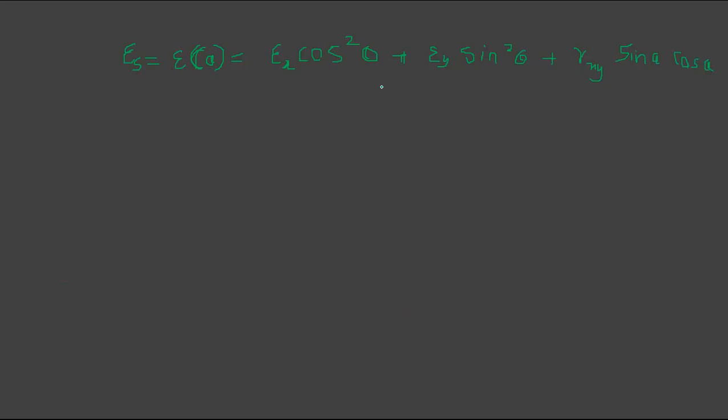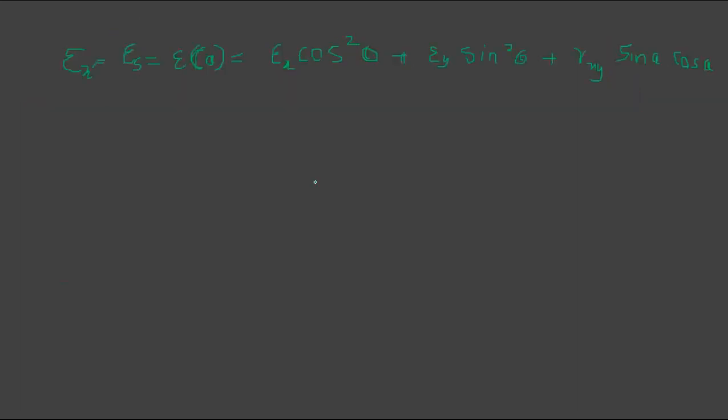So you can make cos squared theta 1 plus cos 2 theta over 2, this is 1 minus cos 2 theta over 2, and this is sine 2 theta over 2, right? So when you plug it in, actually this is epsilon x dash, right?